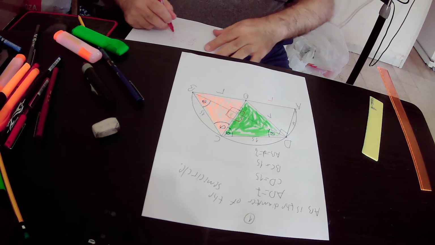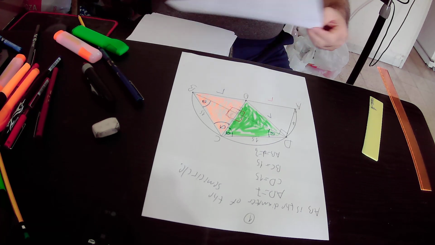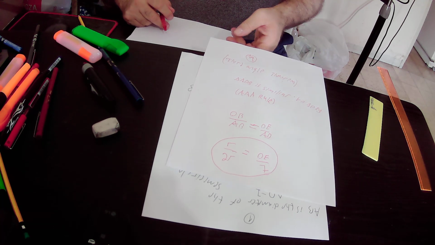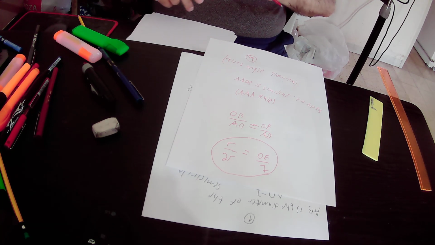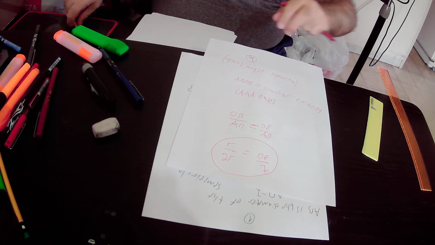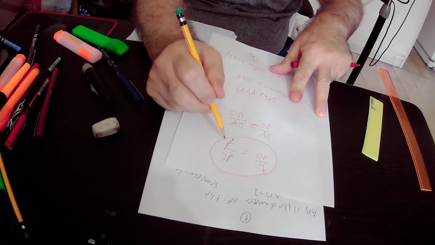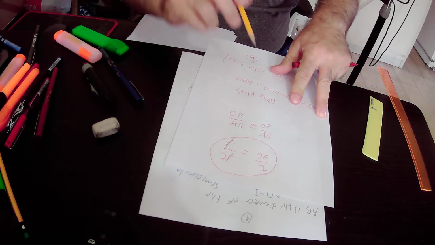So in total, we got this equality: R over 2R equals OE over 7. R over R is 1, so R is cancelled. What is left is 1 over 2 equals OE over 7.